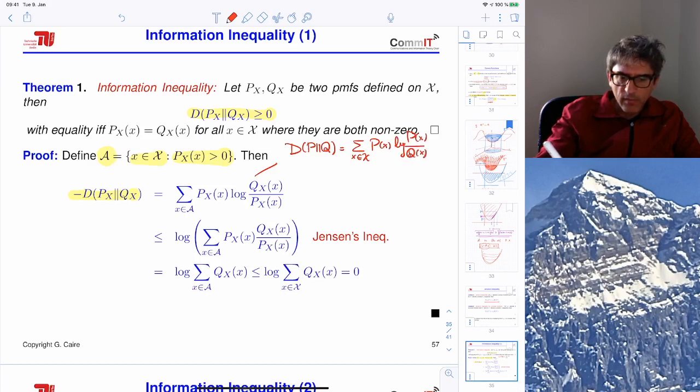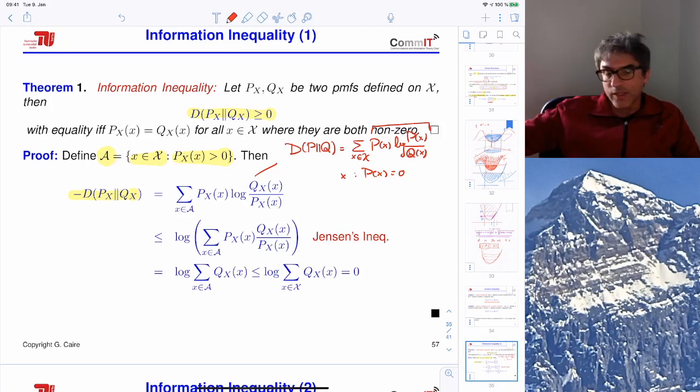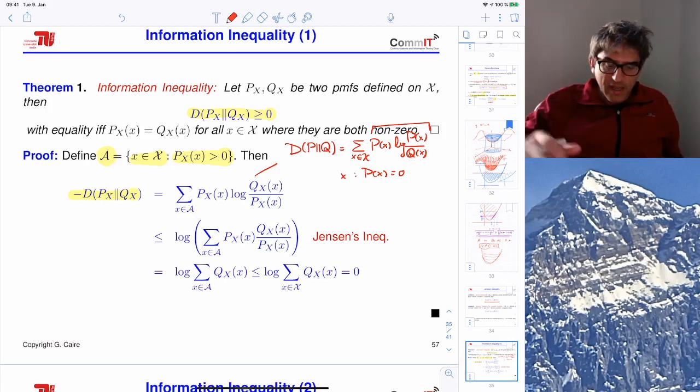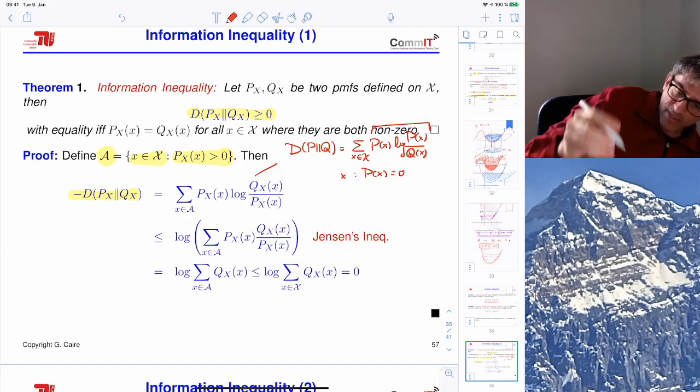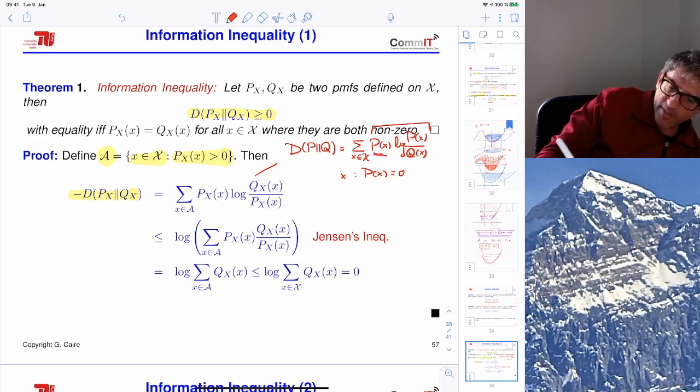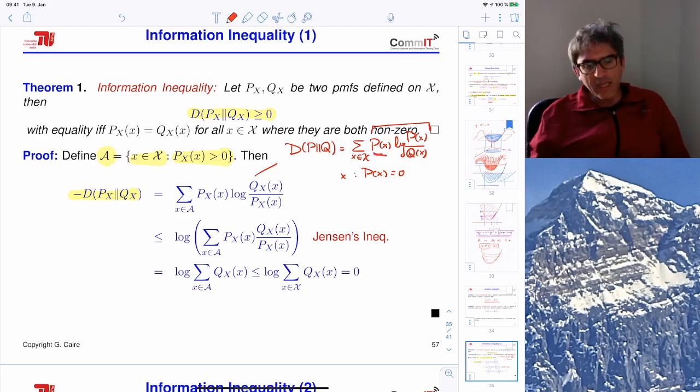Okay? But now we see that for all the x's for which p of x is 0, this contribution is 0, because we have essentially 0 times log of 0. Now, log of 0 is technically minus infinity, but we regularize these terms because, imagine that p of x is like epsilon, almost 0, you see that the linear term here wins against the logarithmic term, and so the limit is 0.